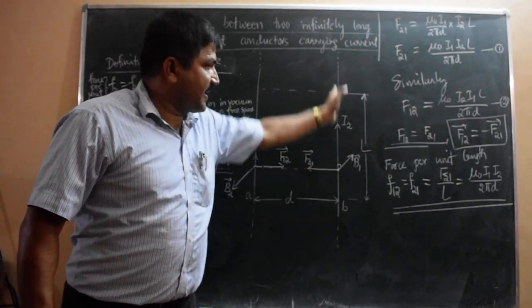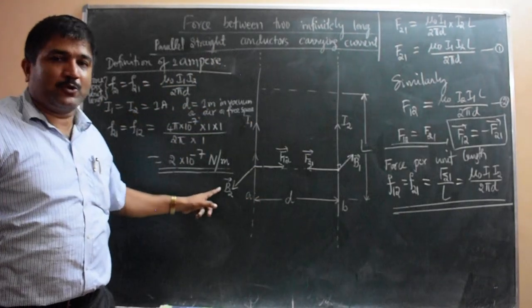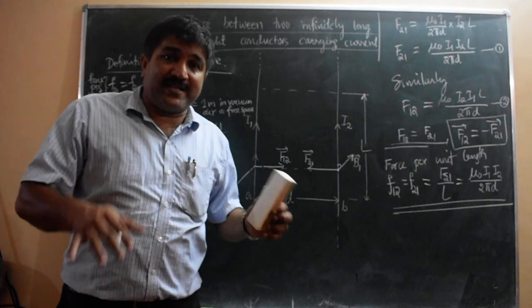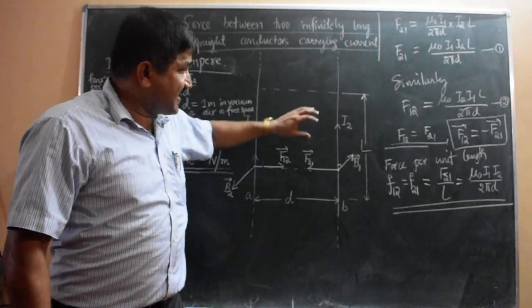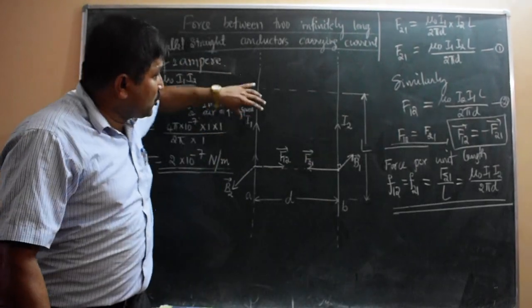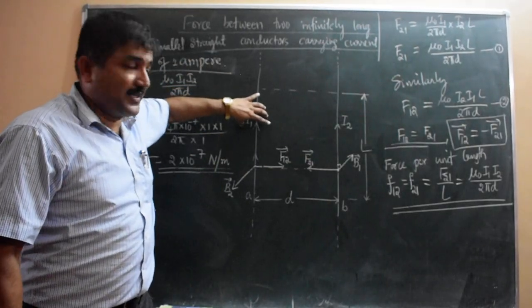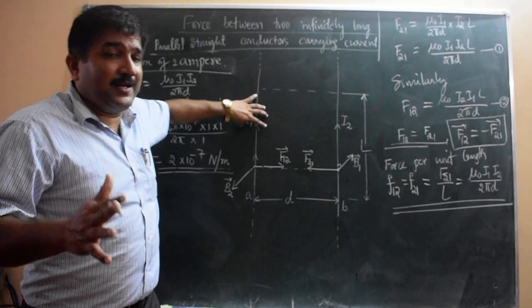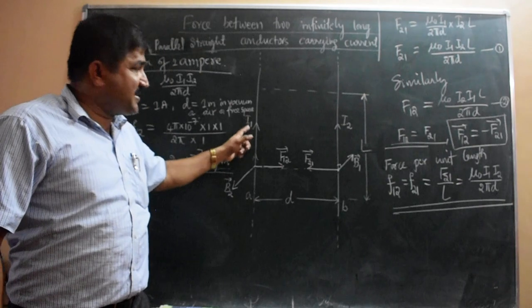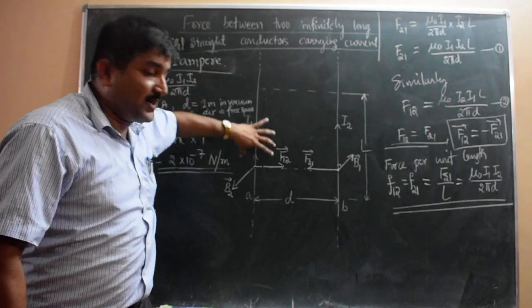The current in the second conductor produces a field B2. So now both of them produce a field in the surrounding region. This conductor experiences a magnetic force due to the current flowing in the other conductor. Similarly, the current flowing in the second conductor produces a magnetic force on conductor 1.